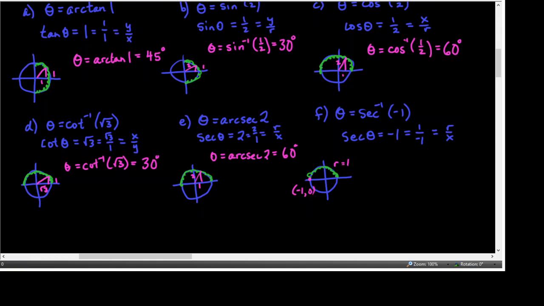And so what that means is that theta, which is secant inverse of -1, is actually pi. Oh, wait. I forgot the directions already. We're not in radians. How many degrees is that? It's 180 degrees.